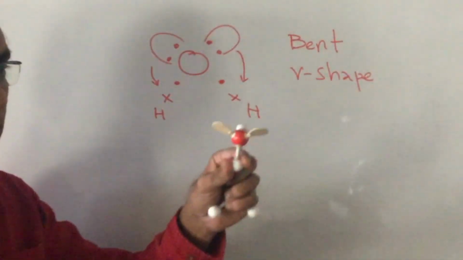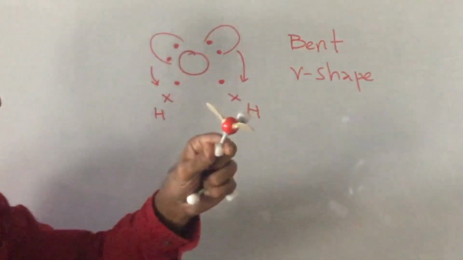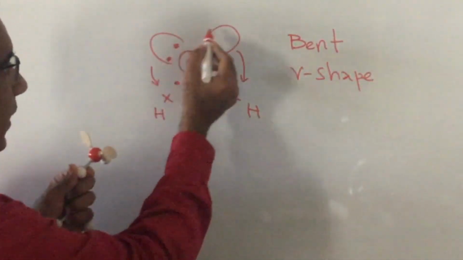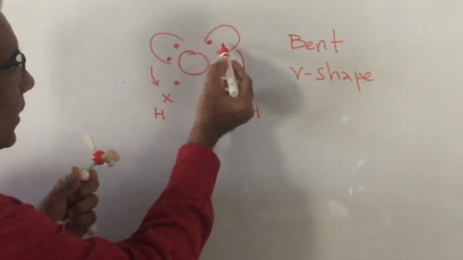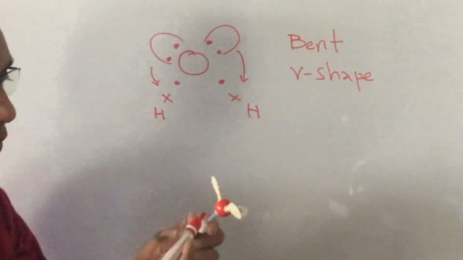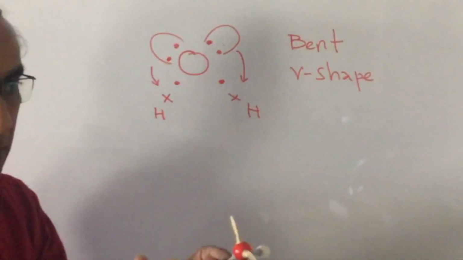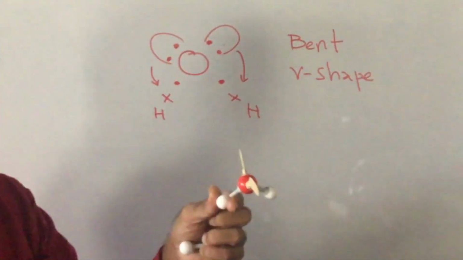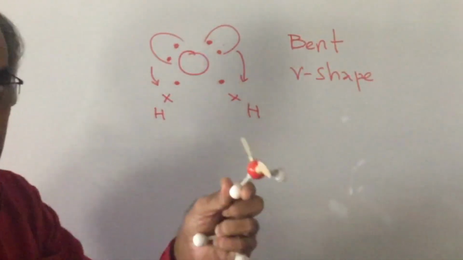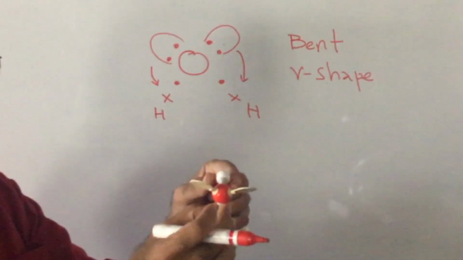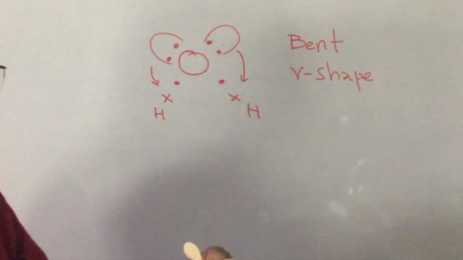But its electron domain geometry requires consideration to be given to the 2 lone pairs and also the 2 bond pairs. In total, you have 4 electron domains, the 2 bonding areas and the 2 lone pair areas.